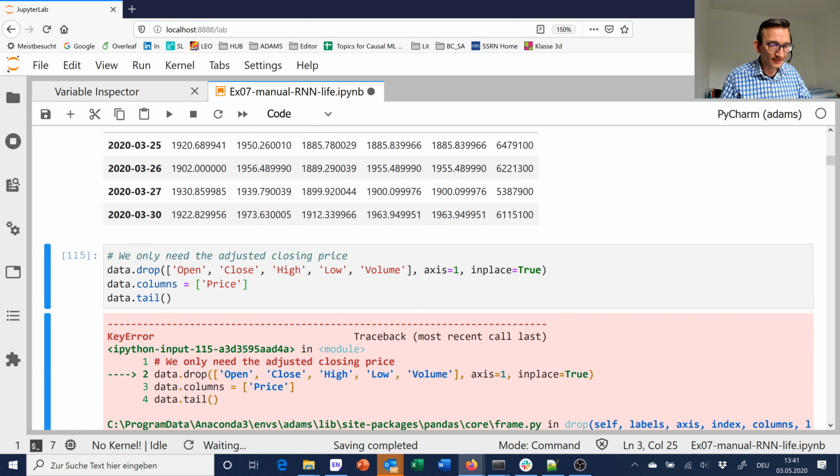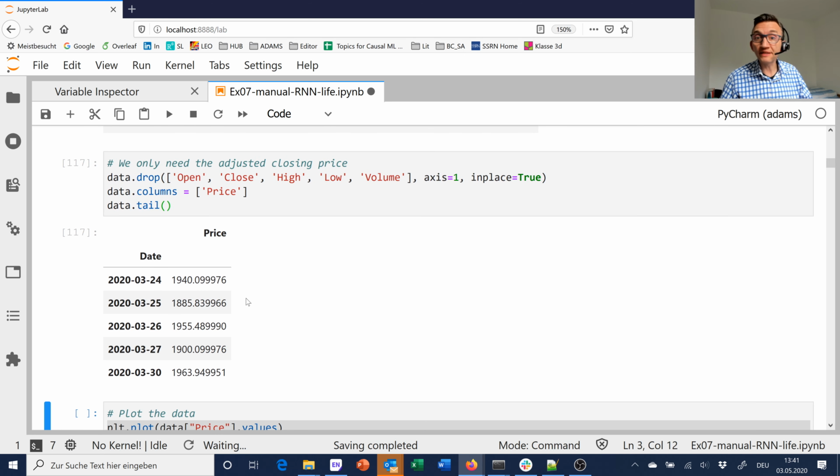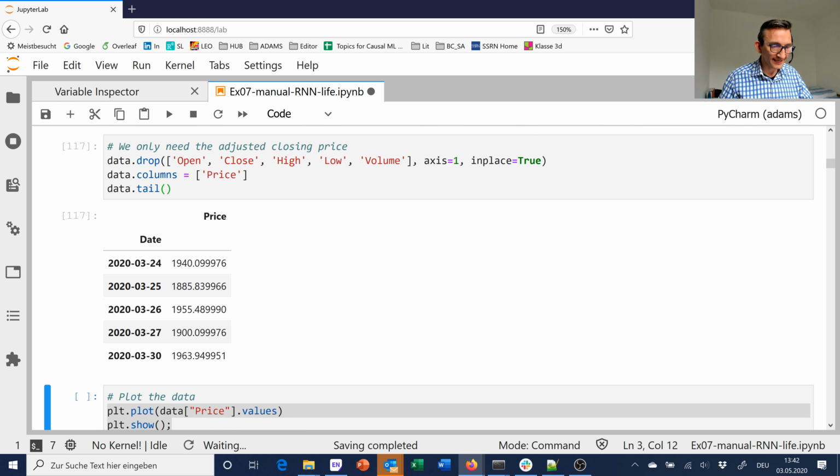Let me reload it, and now everything should work fine. Well, it teaches me that I should write my code in a more secure way so that it doesn't crash, but that would be overkill for this tutorial. Introducing too many checks like, does this column exist? Is there an open column? Then drop it. Sorry for the mistake anyway.